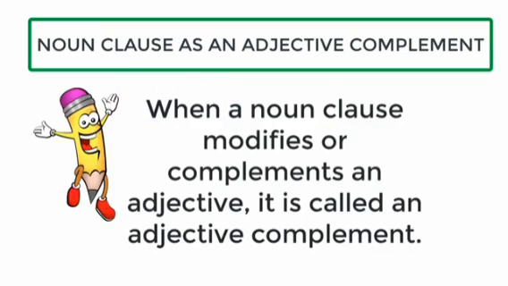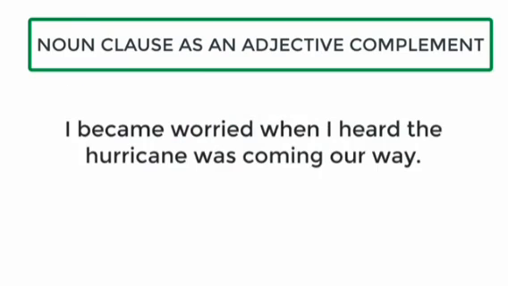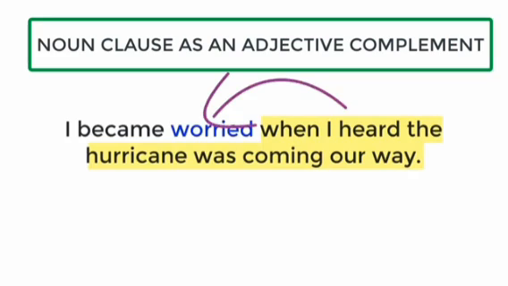When a noun clause modifies or complements an adjective, it's called an adjective complement. Example: I became worried when I heard the hurricane was coming our way. When I heard the hurricane was coming our way is an adjective complement describing worried.